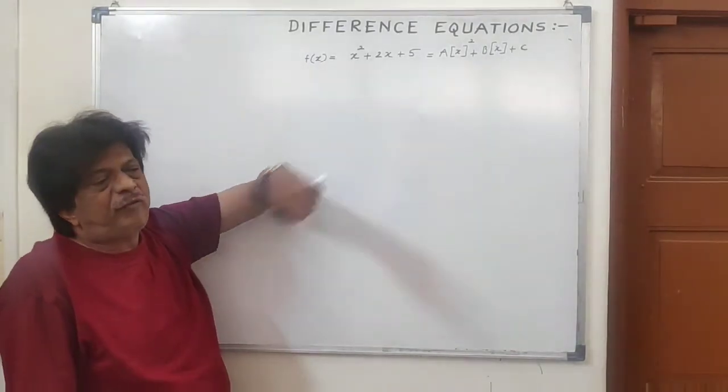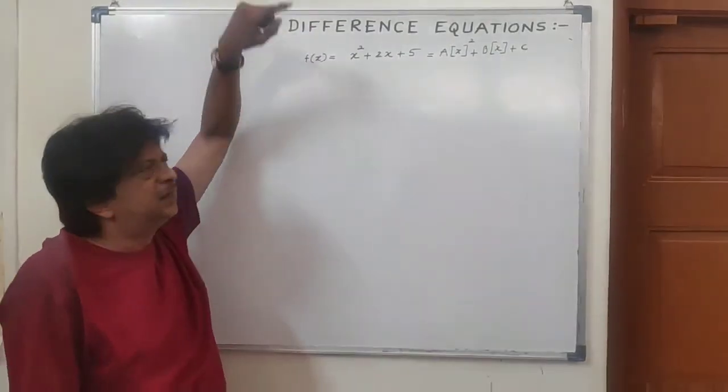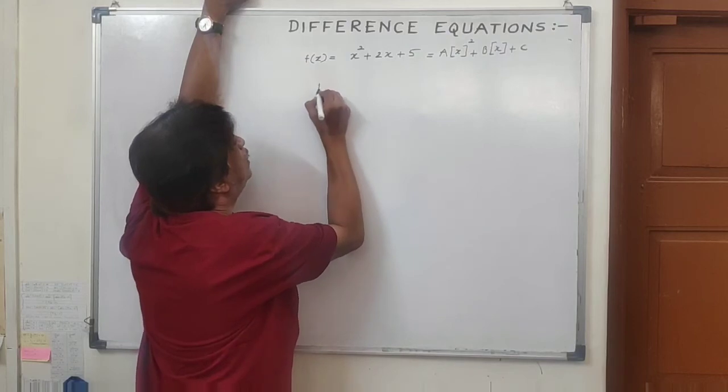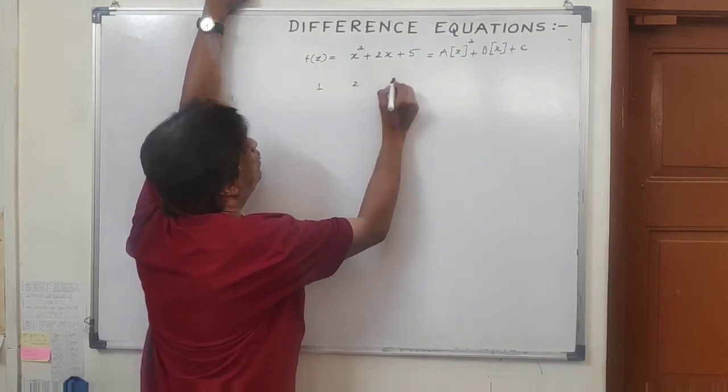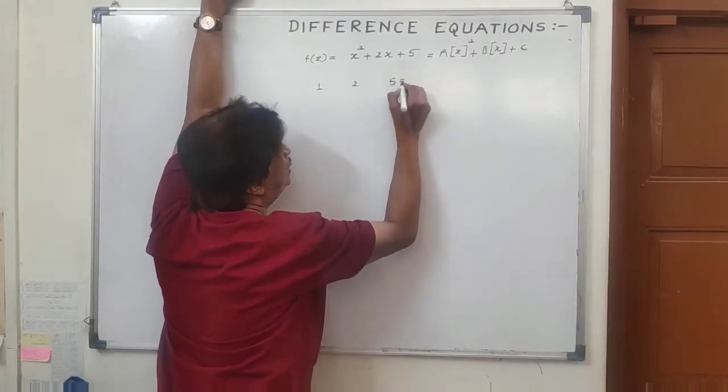So the method is: first of all, write the coefficients of the given polynomial in decreasing order. The 1, 2 and 5. So this detached coefficient c is equal to 5.